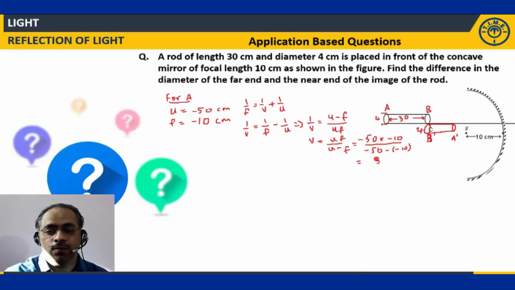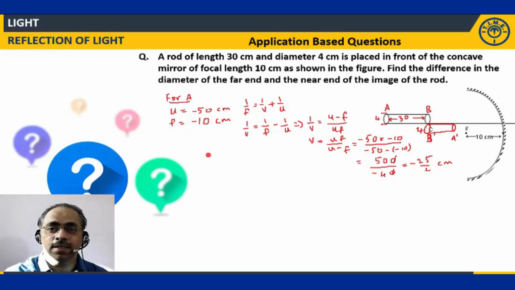I'll get it as 500 over here. Divided by, in the denominator, what I'm going to get? Minus 50 plus 10. So it is minus 40. So it is nothing but minus 25 divided by 2 centimeter. Minus 12.5. Okay. So that is the image distance.